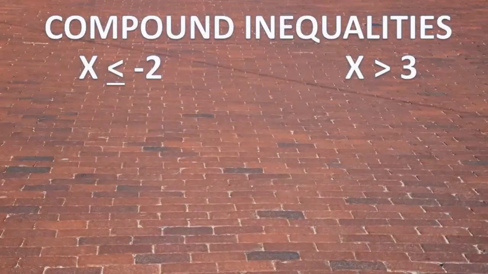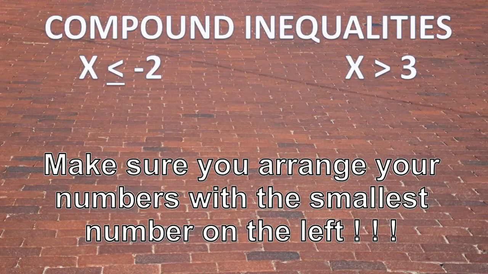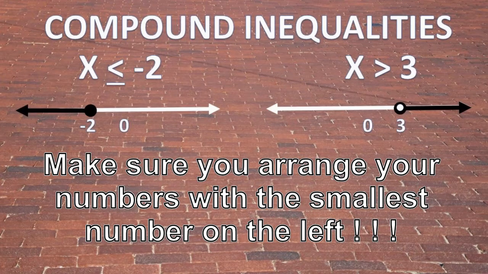Let's look at another type of compound inequality. In this compound inequality, we'll compare x less than or equal to negative 2 to x is greater than 3. The first thing we'll do is to graph each inequality. The x less than or equal to negative 2 would have a closed dot over the negative 2 with the arrow shaded to the left.